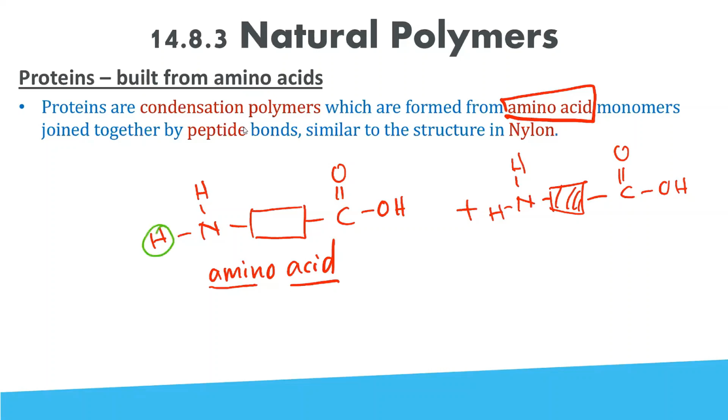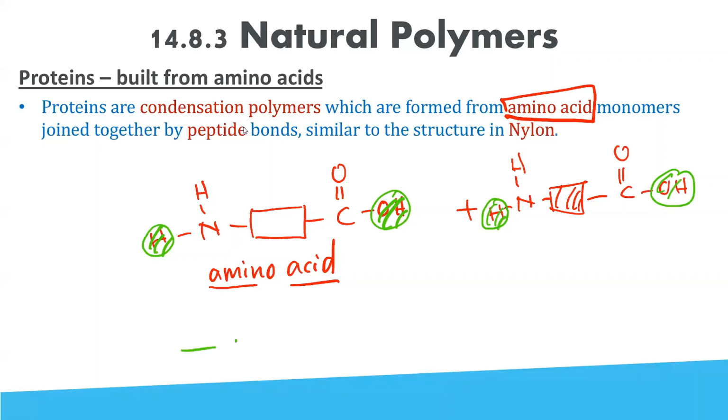Hydrogen, right? And from the acid part, yes, OH will be removed. So here again the same pattern, H from amine, OH from acid. So you shade what's been broken, as in a nylon structure, yes.